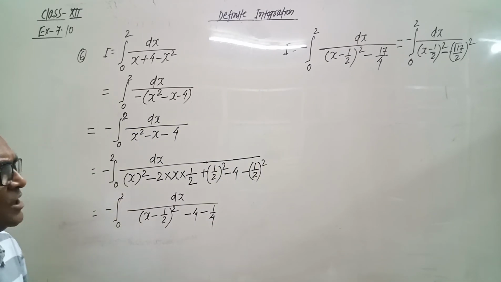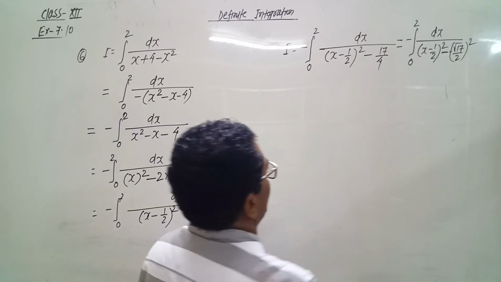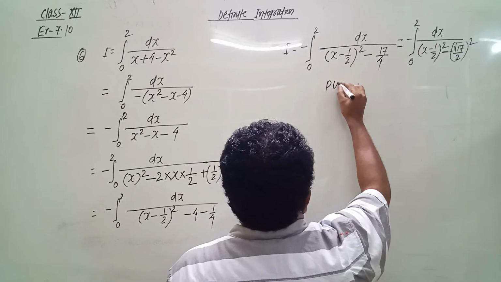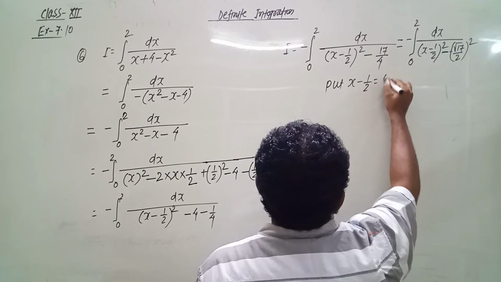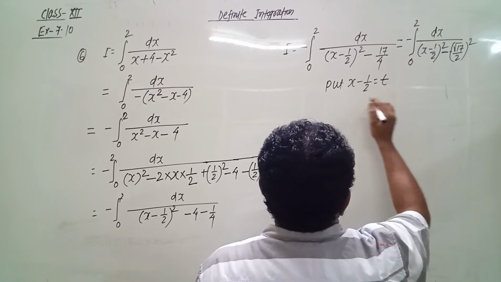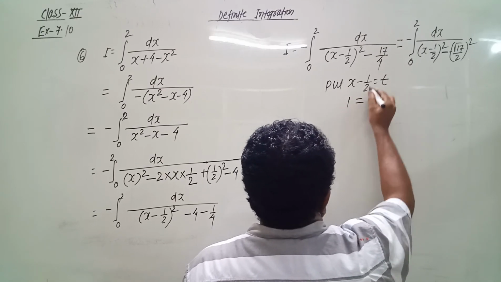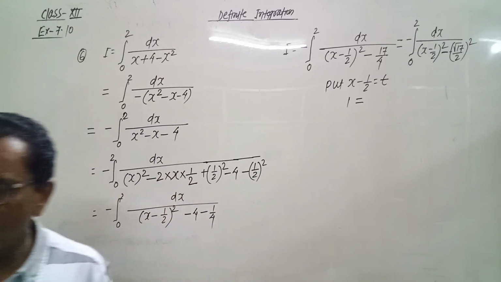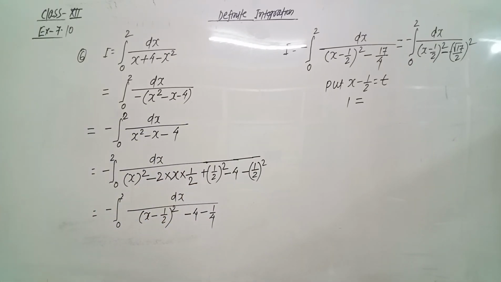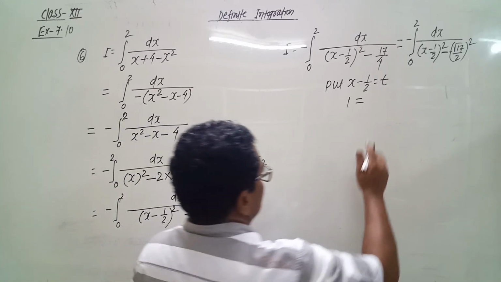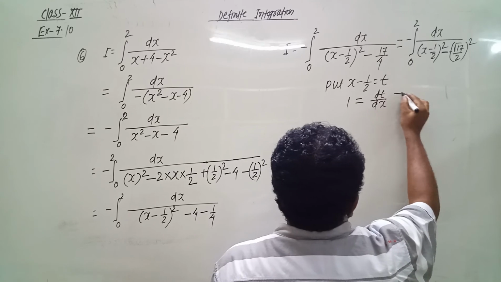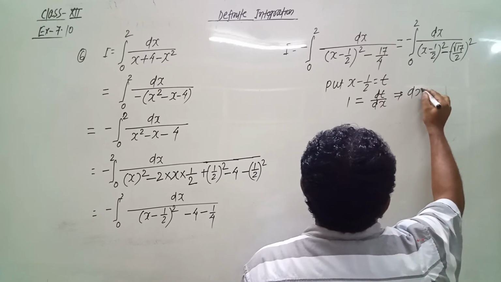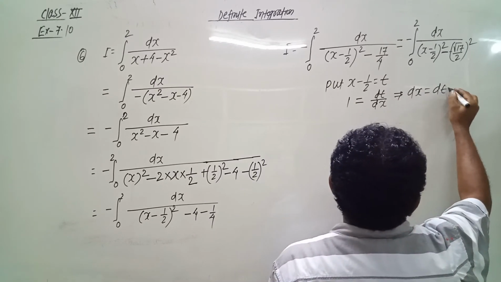Now we put x minus 1 by 2 equals to t and differentiate with respect to x. Differentiation of x is 1, differentiation of 1 by 2 is 0, and differentiation of t with respect to x is dt by dx. By cross multiplication we get dx equals to dt.